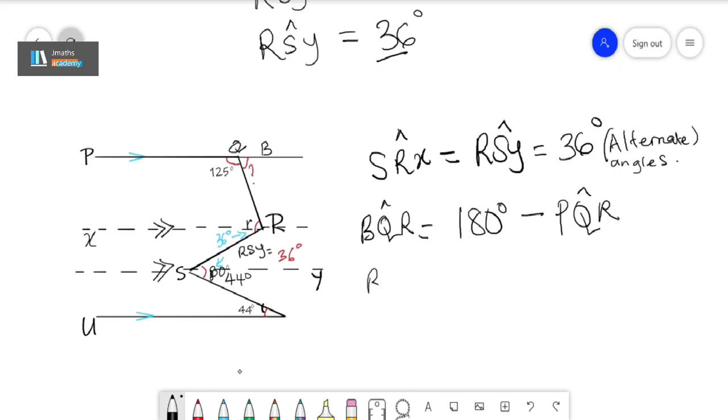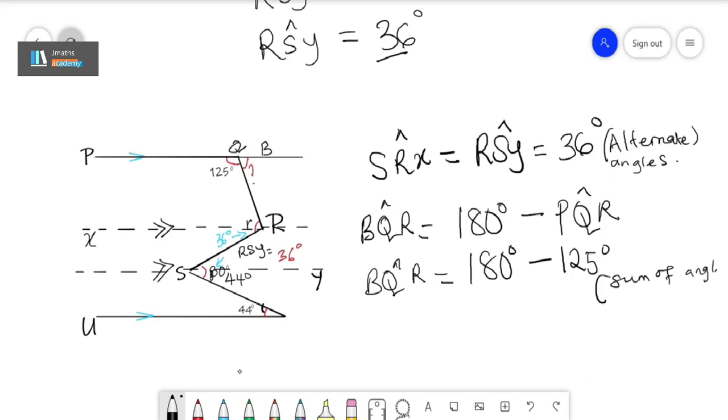So we have BQR to be equal to 180 degrees minus 125 degrees, where angle PQR is 125 degrees, and our comment here is sum of angles on a straight line.